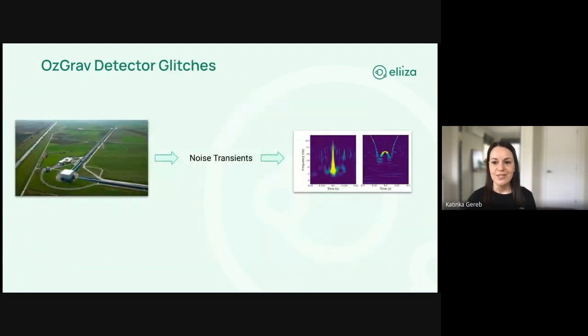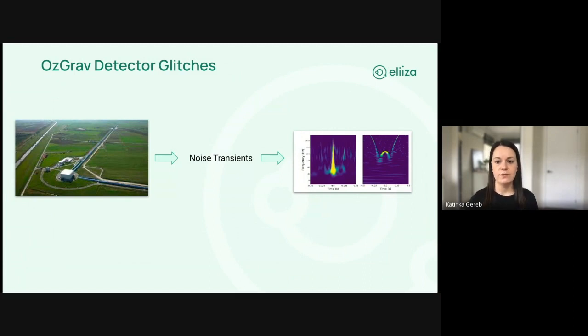So what are these glitches that I keep talking about? Well, here on the left, you can see the LIGO observatory, and these long arms here are the interferometers that detect gravitational waves. And what is important to note here is that these are very sensitive detectors.